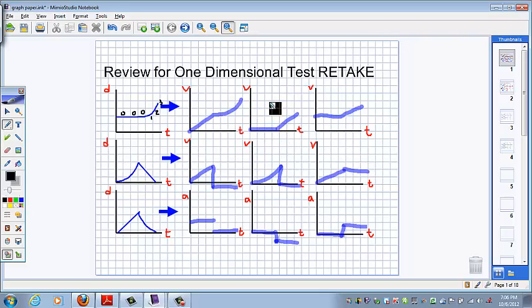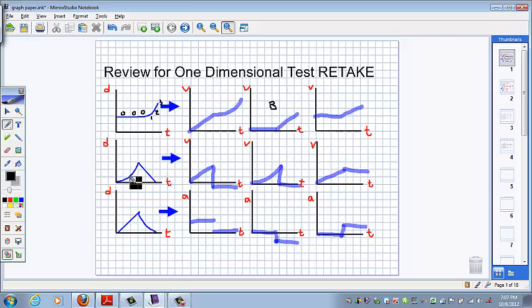So the correct answer to this one was B. C is not a bad choice because we've got a flat velocity, but it's just not flat at 0. And we had a 0 slope here. This is not a great choice because you've got a changing velocity here and you don't have a changing slope.